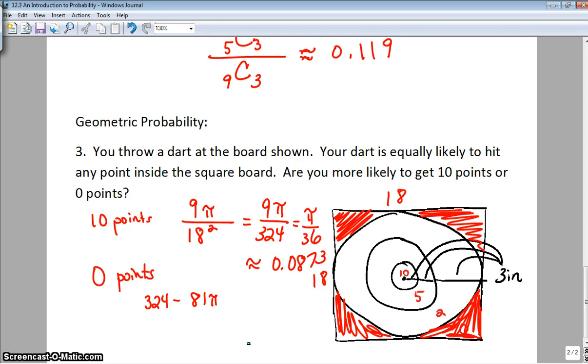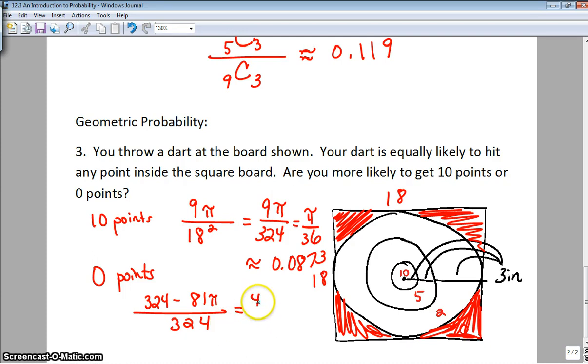So the favorable outcome in this case is the area of the region that I want to land in. So if I want to get 0 points, then I need to land in those 4 spaces, which has an area of 324 minus 81 pi, out of the total area of the whole square, which we know is 324.